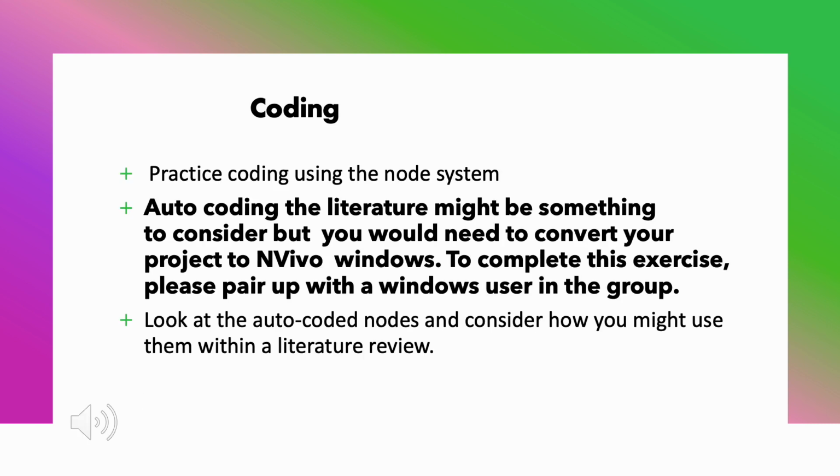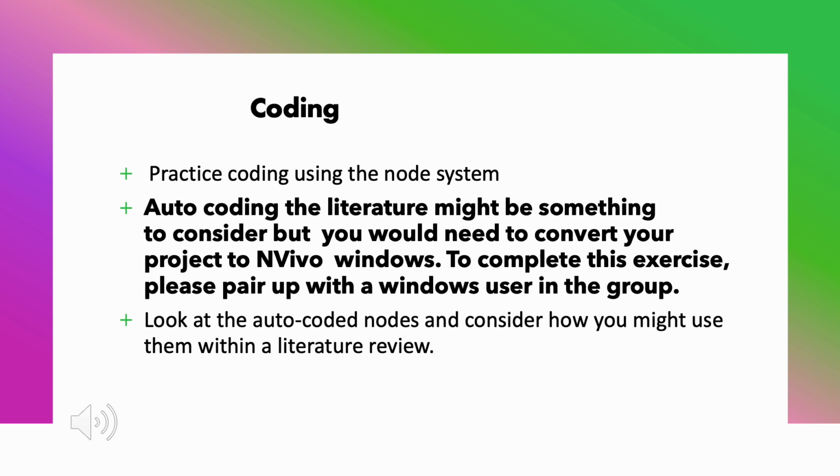In the coding exercise, you are going to practice coding using the node system we have provided, and as described earlier, you are going to autocode the literature files using the themes option within autocode. And you are going to look at auto-coded nodes and consider how you might use themes within literature review.